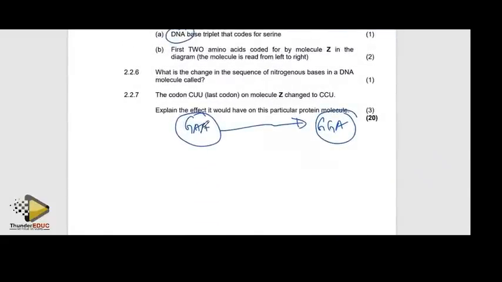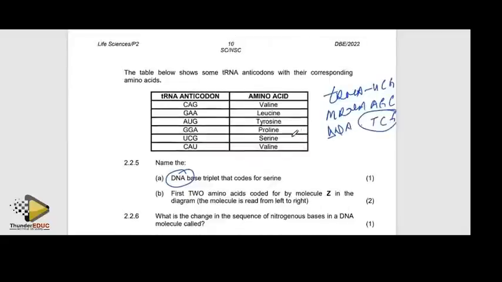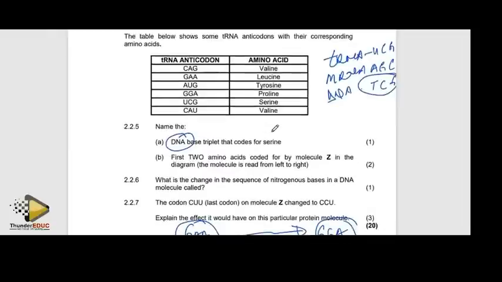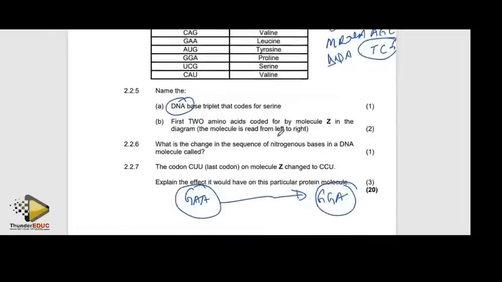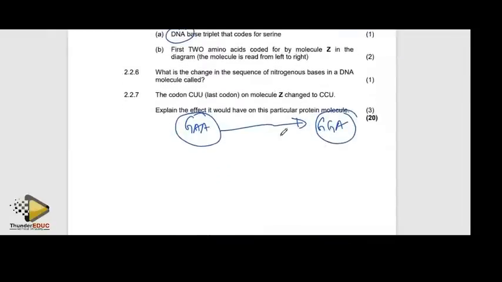The change from CUU to CCU will result in a different amino acid coded, from leucine to proline, which will change the structure of the protein.